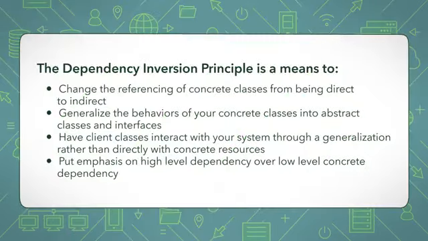To summarize, the dependency inversion principle is a means to change the referencing of concrete classes from being direct to indirect, generalize the behaviors of your concrete classes into abstract classes and interfaces, have client classes interact with your system through a generalization rather than directly with concrete resources, and put emphasis on high-level dependency over low-level concrete dependency.